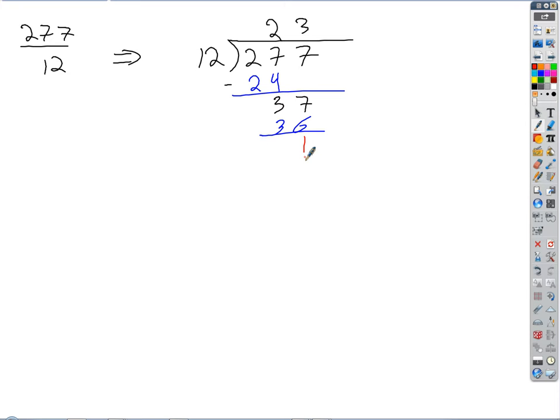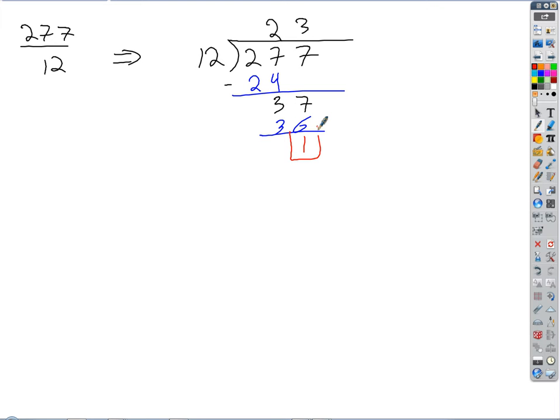I can't just add zeros to this because that'd make that number a lot bigger. No, it's a decimal. But what's my answer? Okay, that's my remainder, isn't it? Right? Think what that's saying then. We're saying that 12 goes into 277 23 times with 1 left over, right?